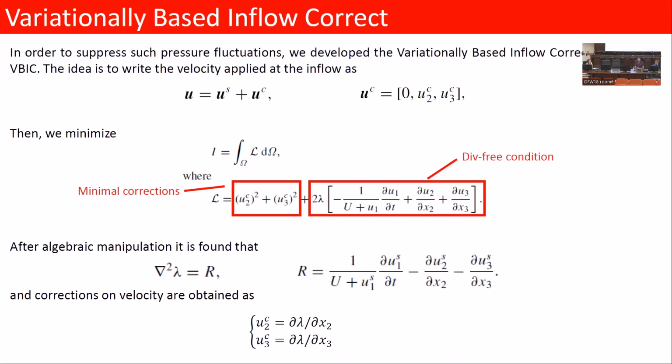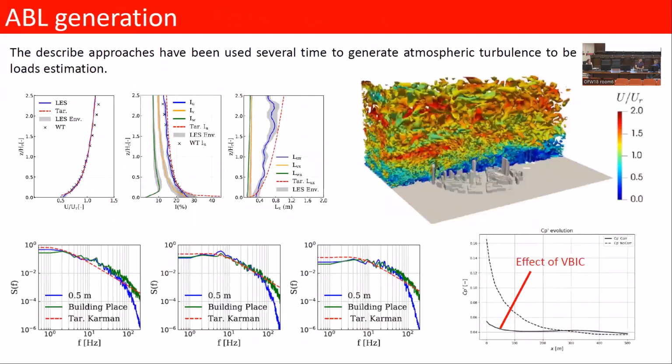But no, wait, the amount of pressure fluctuations is insane. If you look at the graph here, these pressure fluctuations are not natural. These pressure fluctuations are because the simulation is not doing its job. It's not the natural pressure fluctuation. You can see it on the graph.